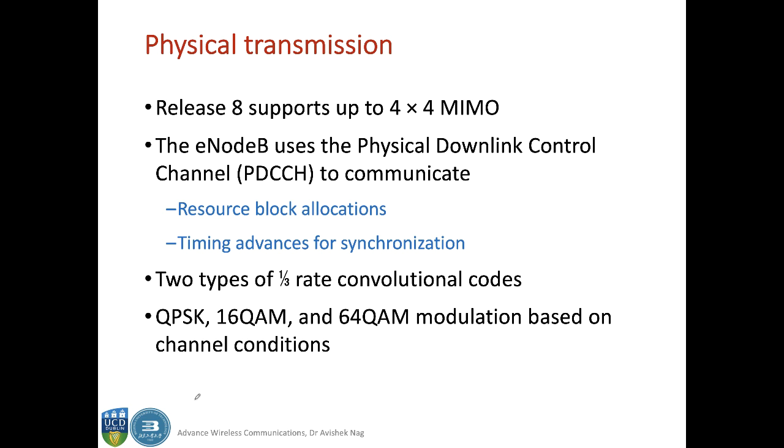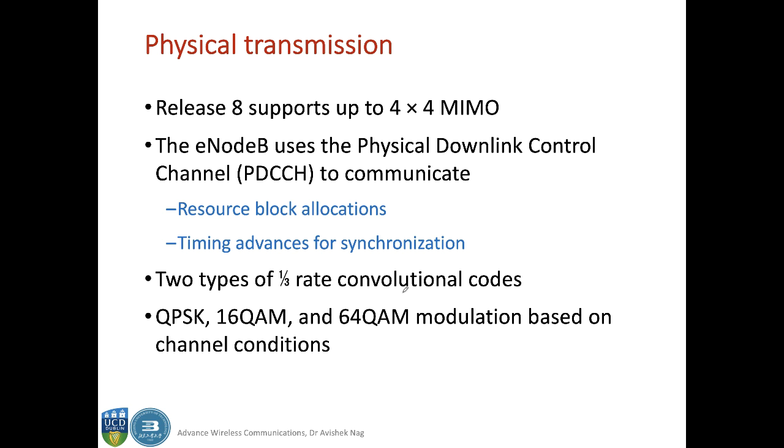So in terms of physical transmission, Release 8 supports up to 4x4 MIMO. For higher releases, you have 8x8. The E node B uses the physical downlink control channel to communicate the resource block allocations and also the timing advances for synchronization. Two types of 1/3 rate convolutional codes are used.